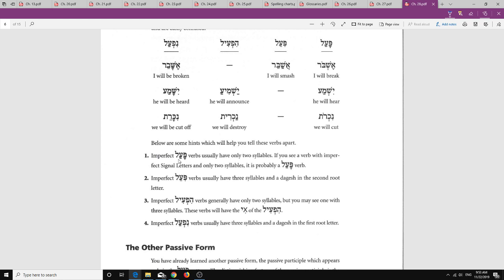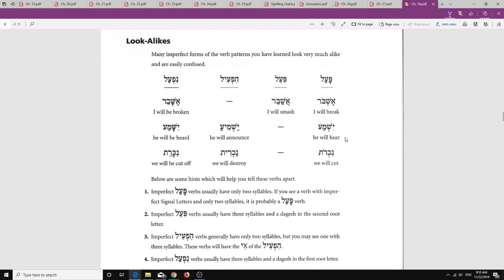So pa'al verbs in the imperfect normally only have two syllables. Okay, so for instance, eshbor, yishma, nikrot. You can see all of these are divided down the middle and have two syllables like that. Because of that, if it only has two syllables, it's probably a pa'al verb in the imperfect.